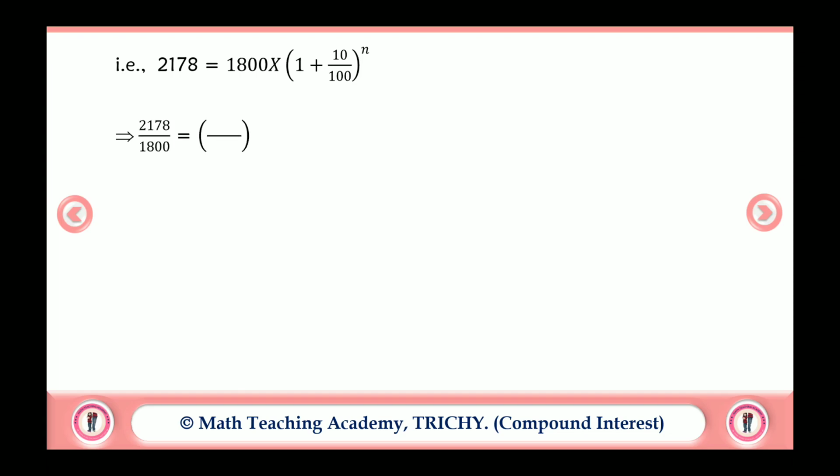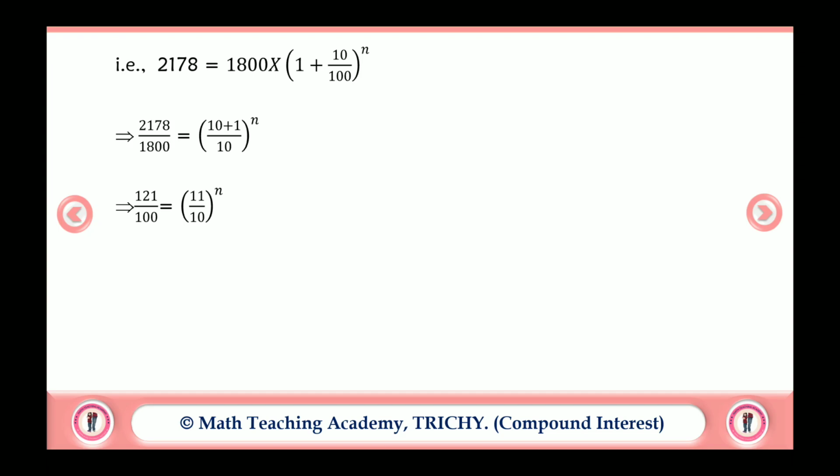So, which implies 2178 divided by 1800 is equal to, in the right hand side take 10 as LCM. So, what you will get is (10 plus 1) divided by 10, whole power n. So, which implies 121 divided by 100, strike out this with the help of 18. So, what you will get is 121 divided by 100 is equal to (11 by 10) whole power n.